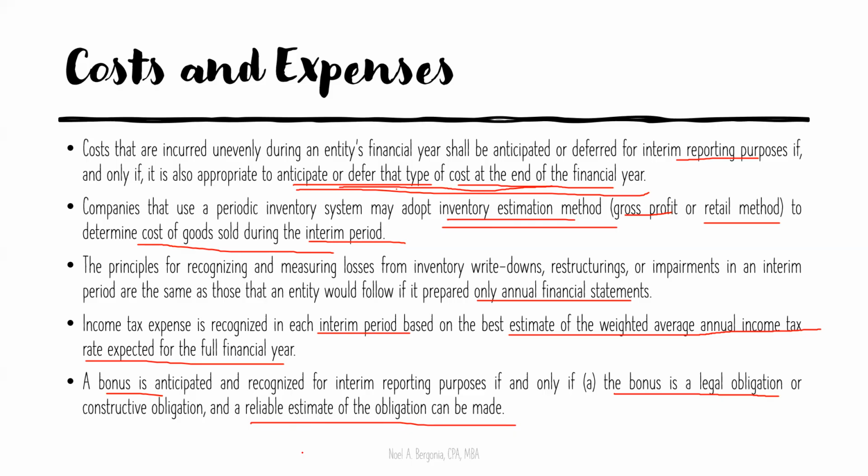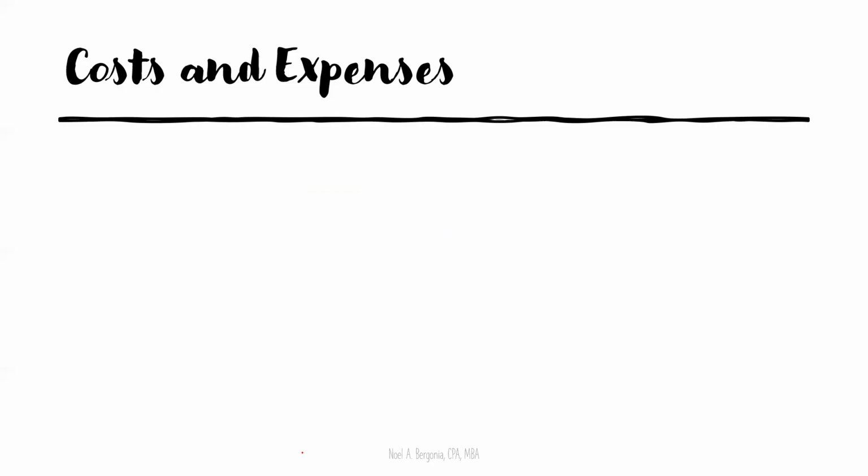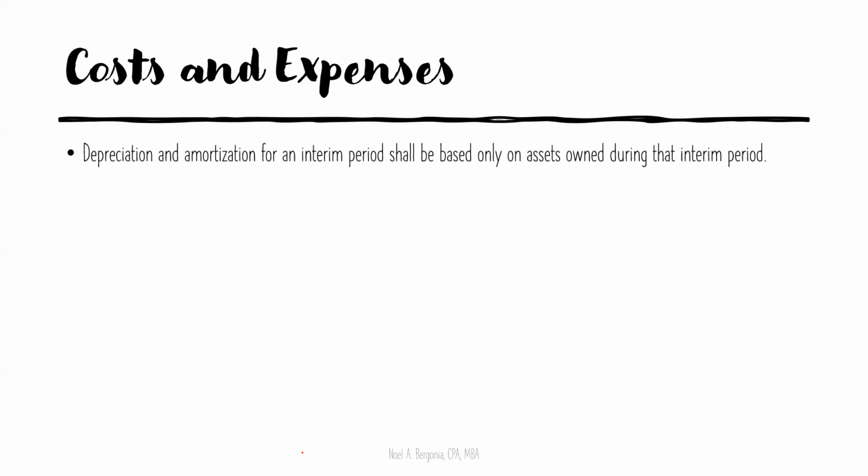Okay? In addition, the depreciation and amortization for an interim period shall be based only on the asset owned during the interim period. So we will not spread anything na hindi pa po talaga na i-record as asset in the interim period.